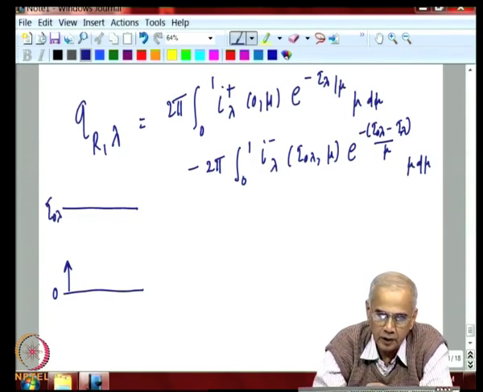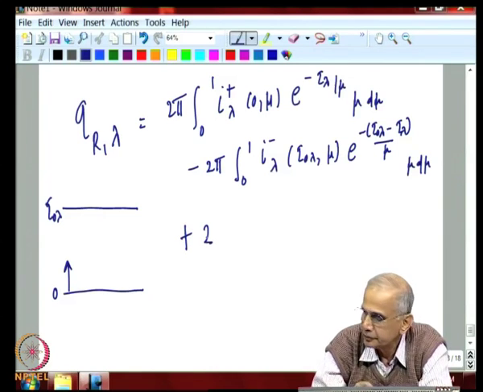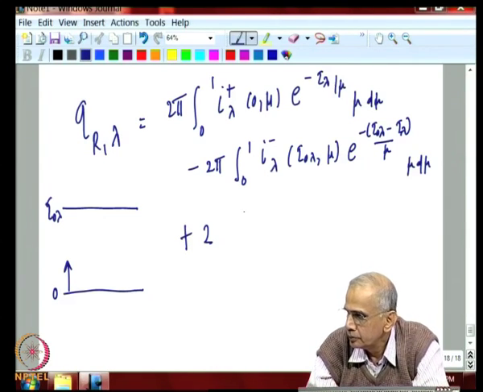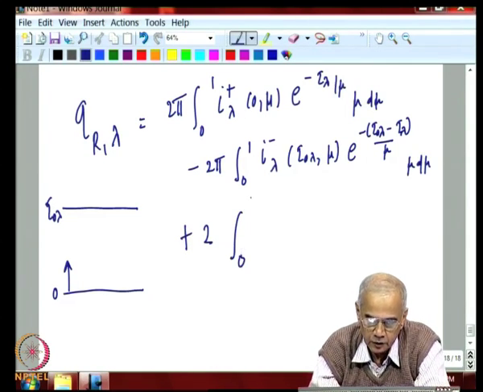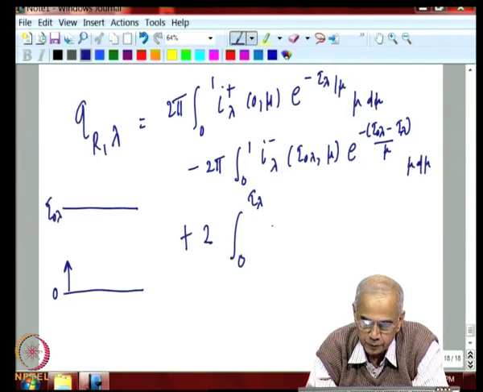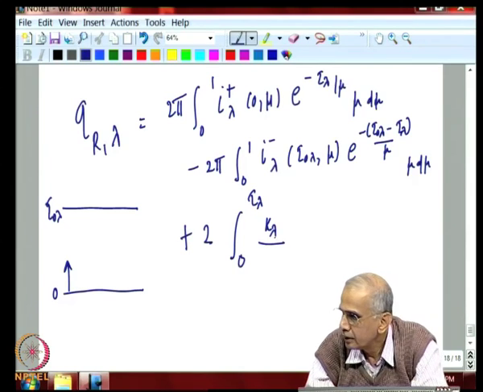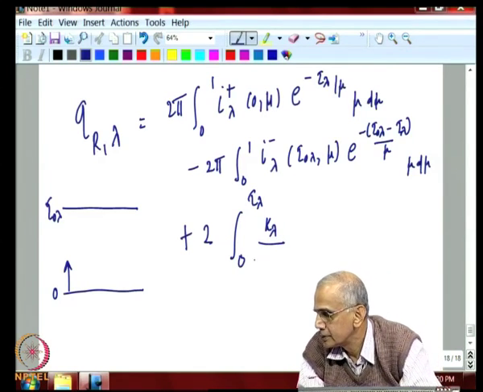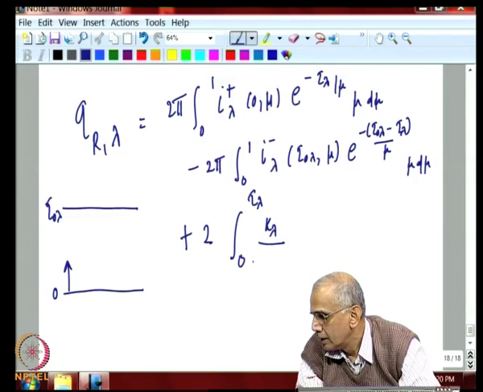Now, the two expressions involving emission will also involve scattering terms. We have 2 into 0 to tau lambda, an expression in terms of kappa lambda by kappa lambda plus sigma lambda.